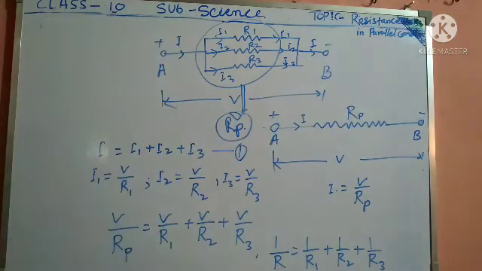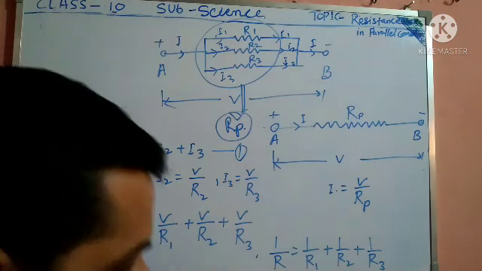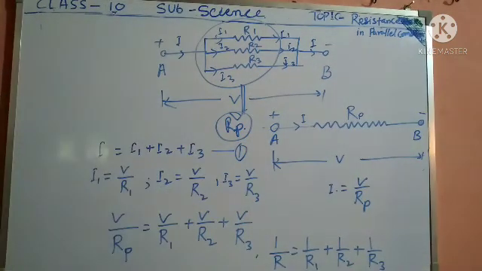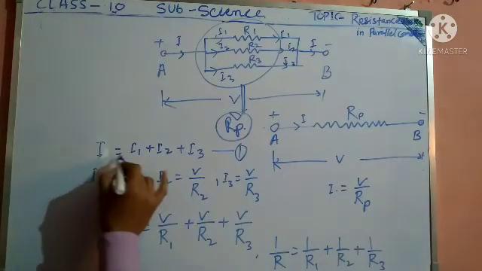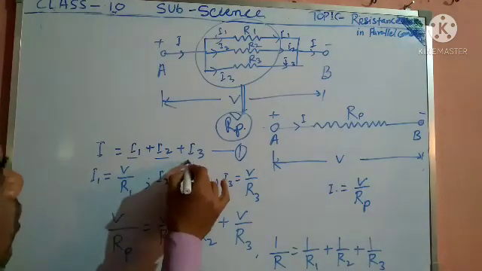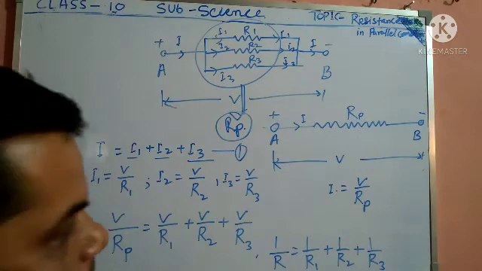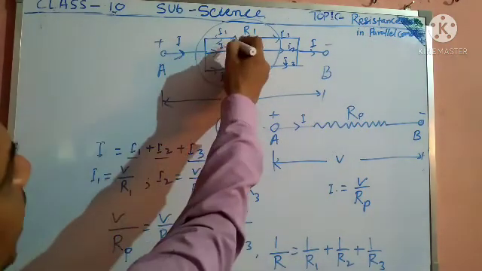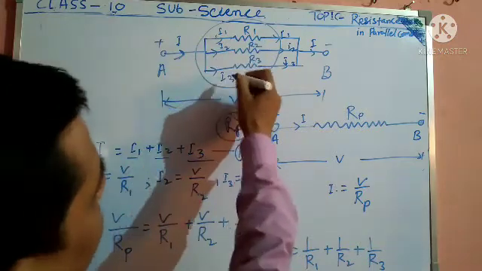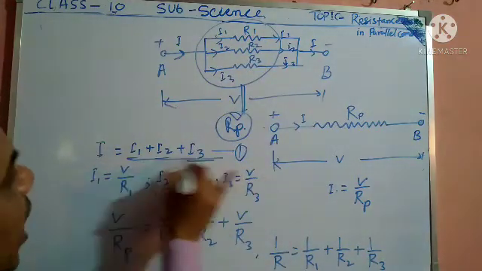So the total current is the algebraic sum of all the currents: I is equal to I1 plus I2 plus I3. The current I is divided into three parts, I1, I2 and I3, and it is the algebraic sum.